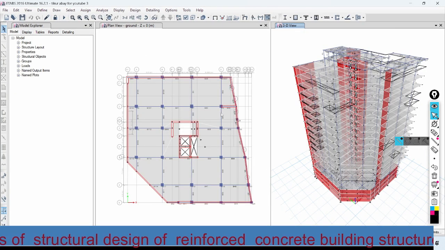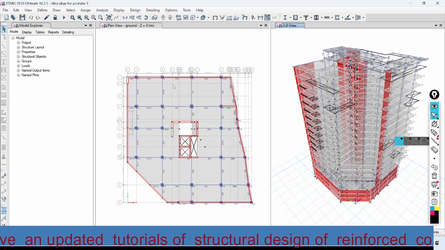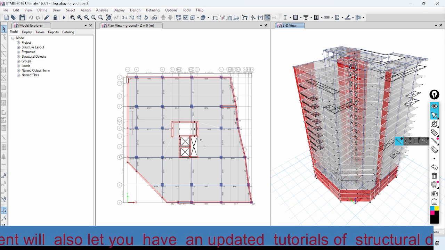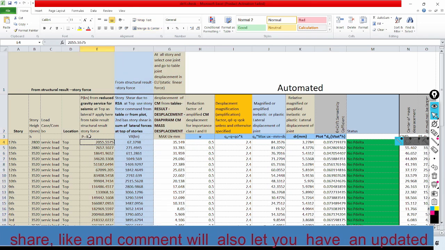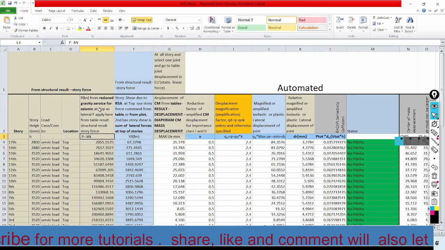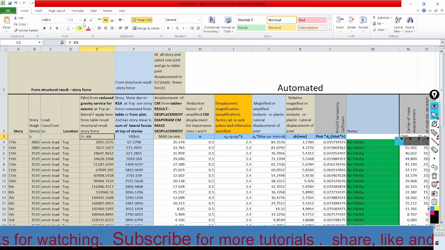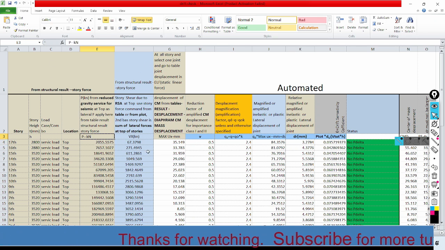So just to do this, here I need to take the P, which is the reduced gravity load.